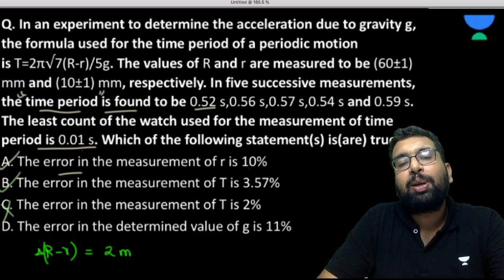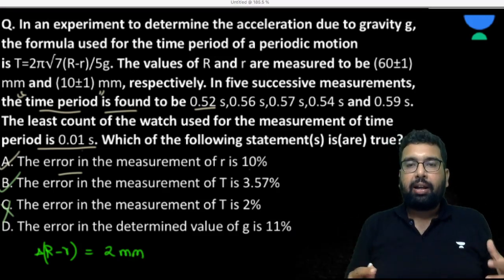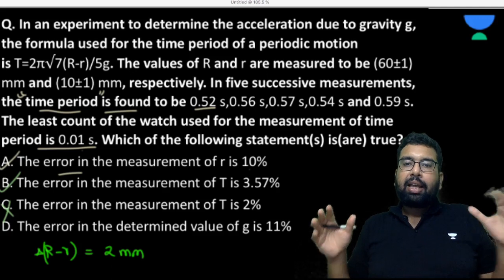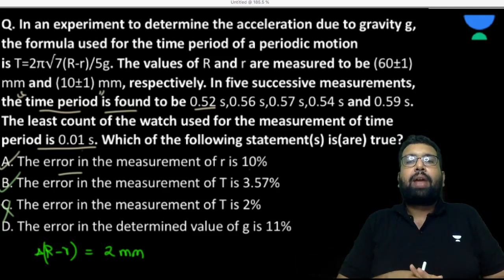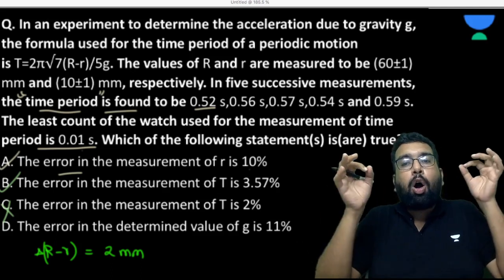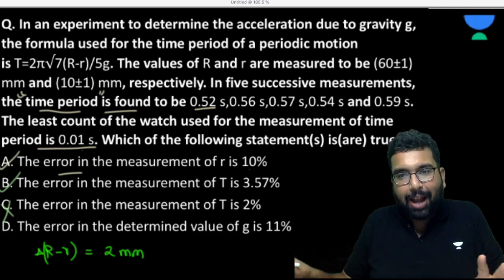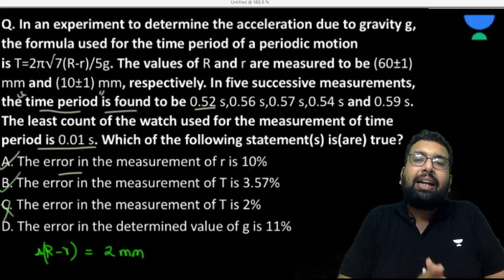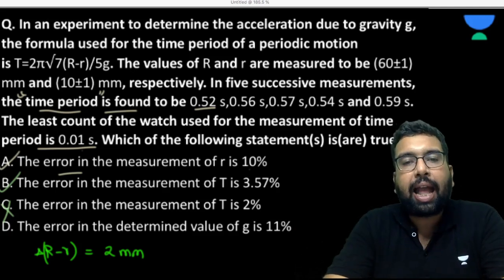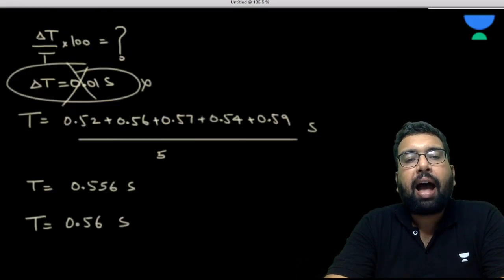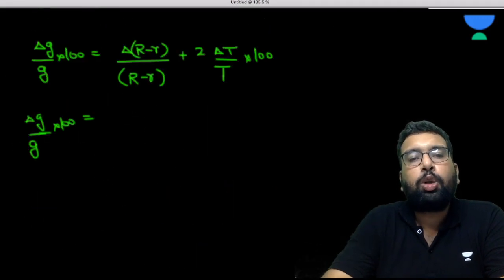So this is going to be 2 mm. This is something we have learned. Whenever two quantities having some individual errors are added or subtracted, their individual maximum errors are always added. So basically delta of (R minus r) is going to become 2.